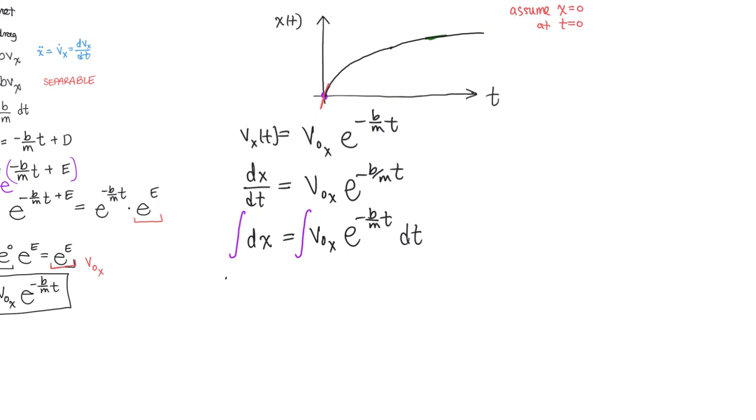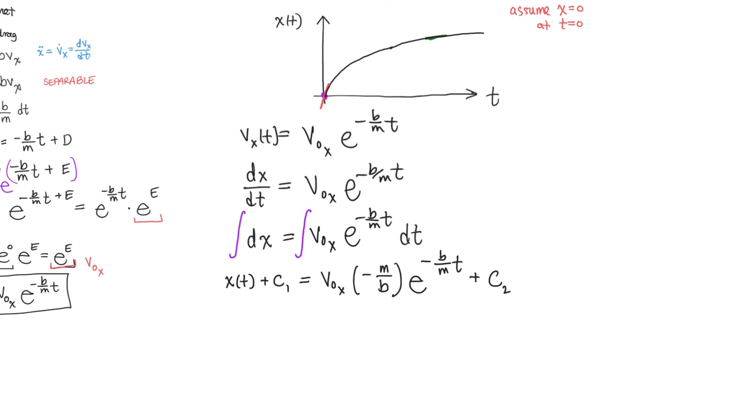On the left, we can write this as x of t plus some constant c1, and on the right, we have to integrate an exponential. Okay, so this v naught x is still going to be there, it's a constant, and then when we integrate the exponential, we're going to get a minus m over b, which will cancel the minus b over m that's in the exponent, and we'll have some other constant of integration.